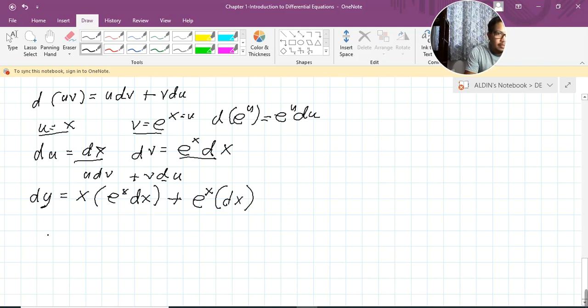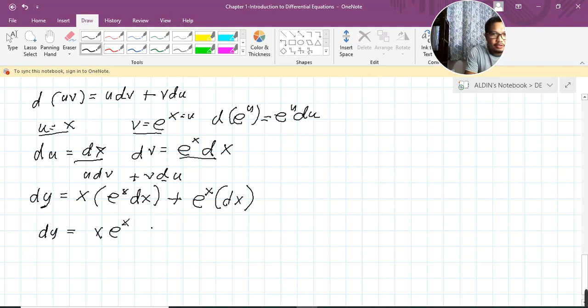So, here, simplify further natin. So, this is dy is equals to x e raised to x dx plus e raised to x dx. Okay? Pwede nating i-factor out yung dx.